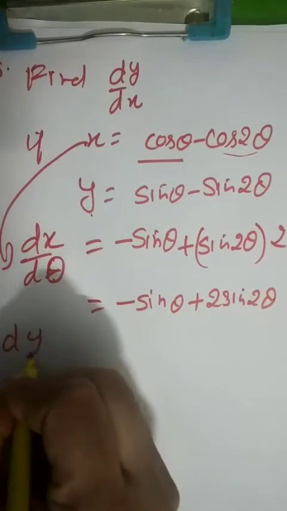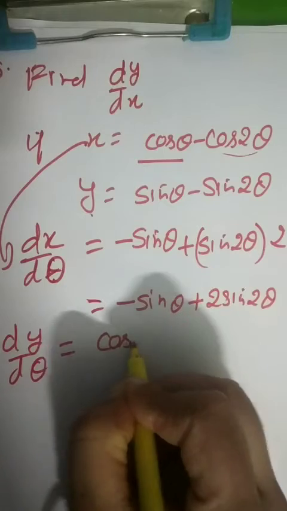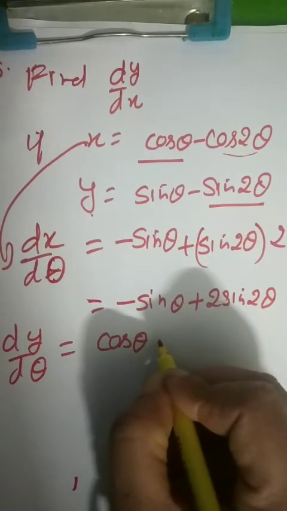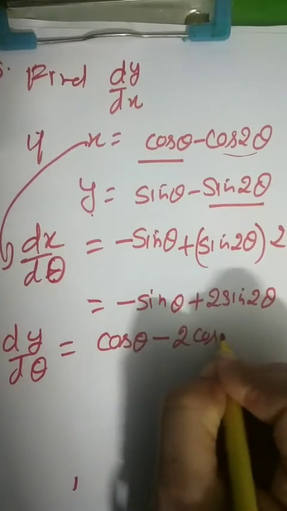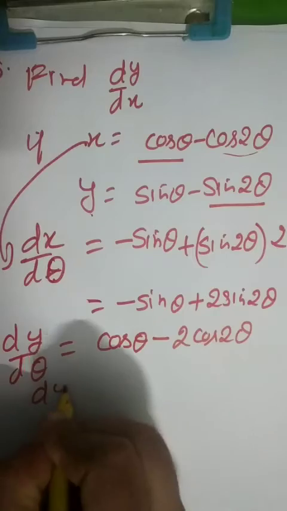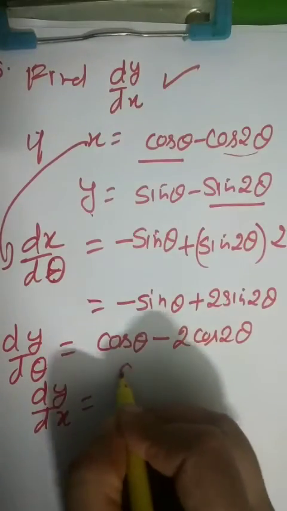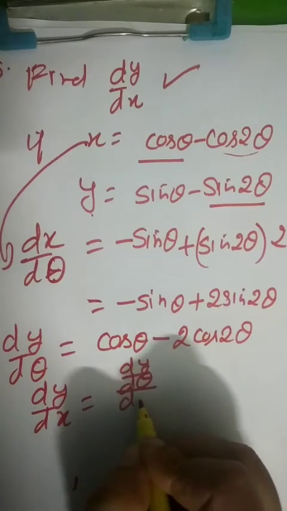Now the derivative of y with respect to theta: derivative of sine theta is cos theta, and derivative of sine 2 theta is cos 2 theta into 2. So 2 cos 2 theta. Now to write the value of dy upon dx, what we have to do? We have to divide the derivative of y with respect to theta by the derivative of x with respect to theta.